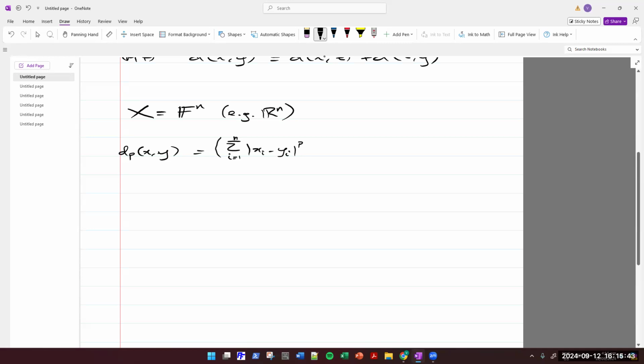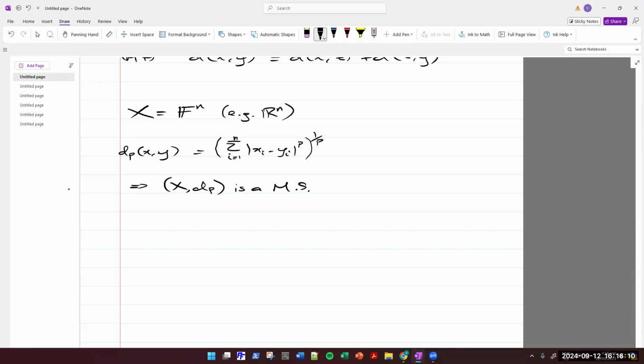And whatever I get here, I'm going to raise to the power of 1 over p. It turns out that X with this metric, d sub p, is a metric space. And I believe the proof of this one is in the course notes.